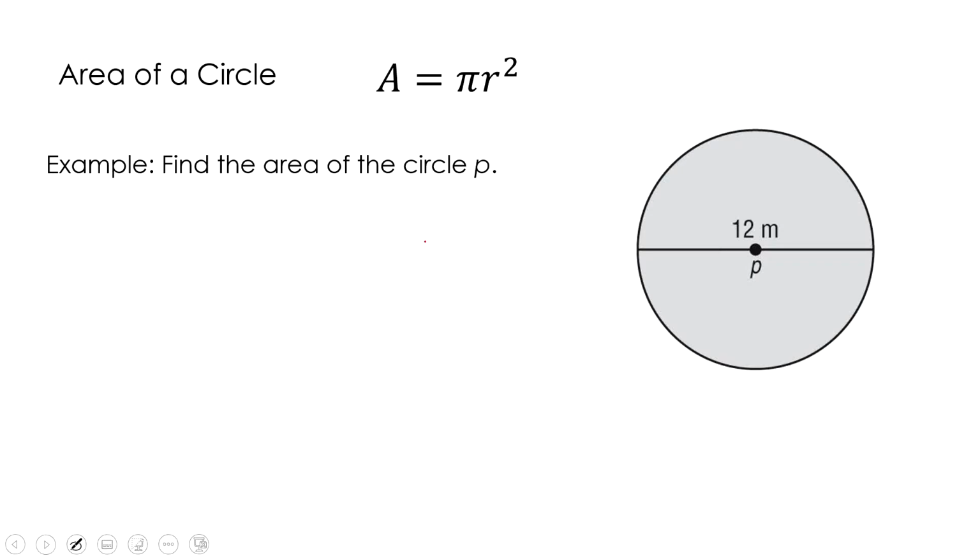I need to find the radius. My radius for circle P is 6. My formula is pi r squared, so r squared is 36. I can leave it in pi. So my area of that circle is 36 pi meters squared. Don't forget the label meters squared.